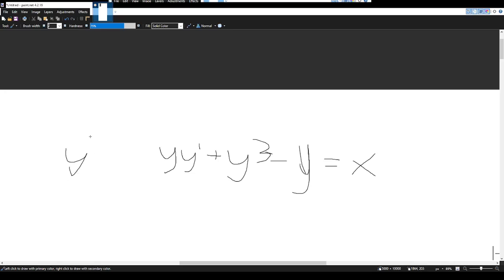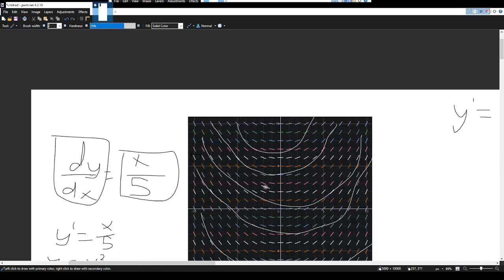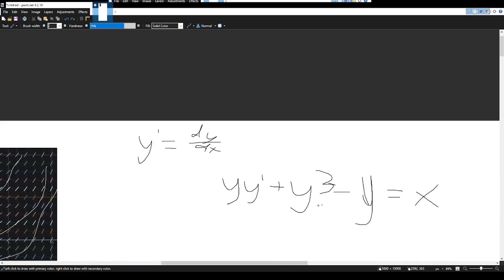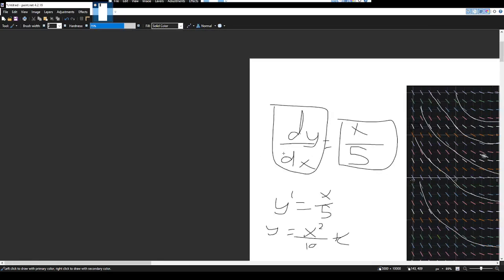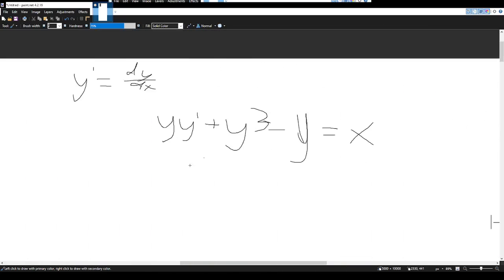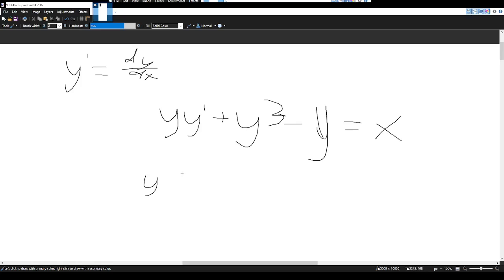That should be the goal, right? Because remember, y prime is just another way of writing dy dx. I think there was some disagreement about that at the beginning of calculus, I don't know, but you can use both. So when I say dy dx, that's basically this y prime. And we're going to try to isolate that like we have right here and right here. Now, of course, this is just algebra. So first I'm going to factor out the y prime. Remember, this is a y prime.